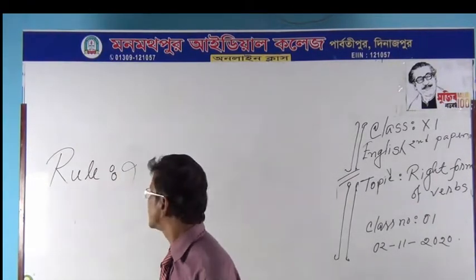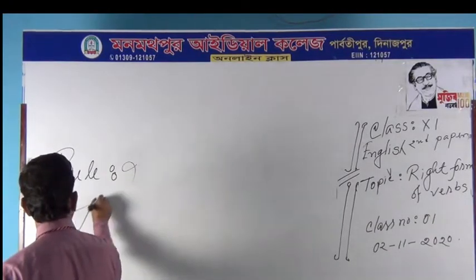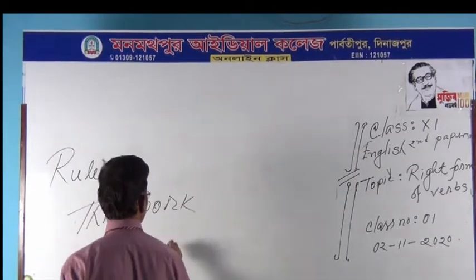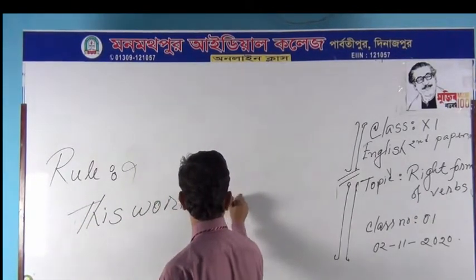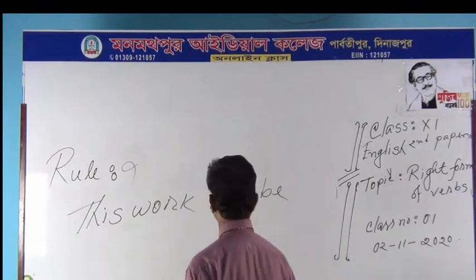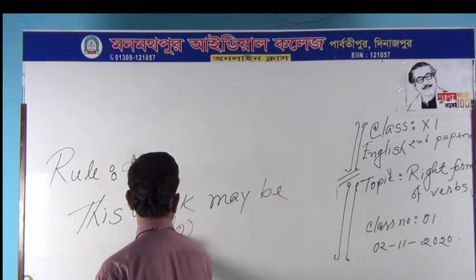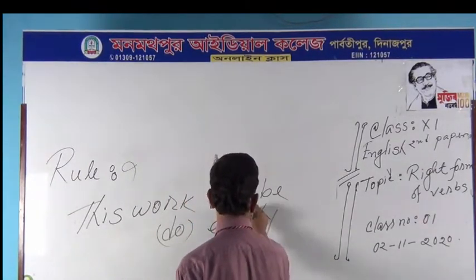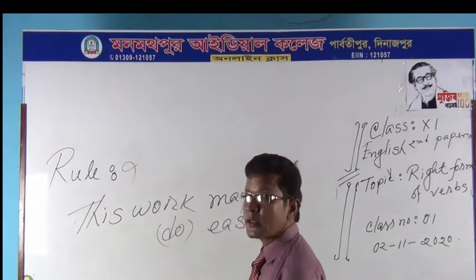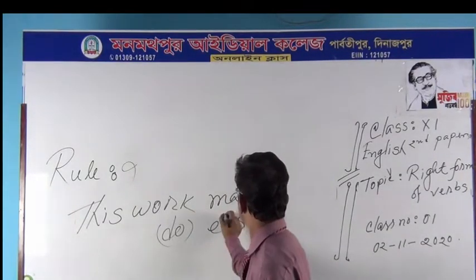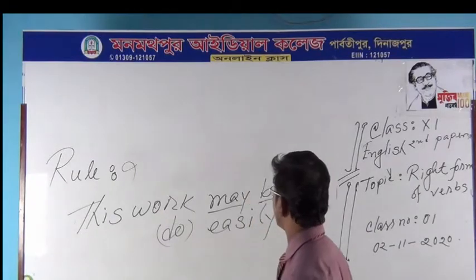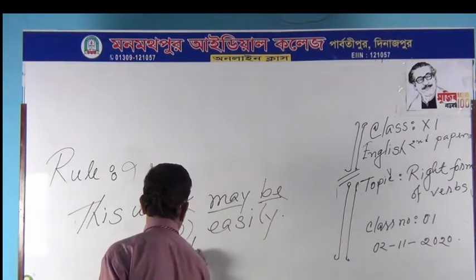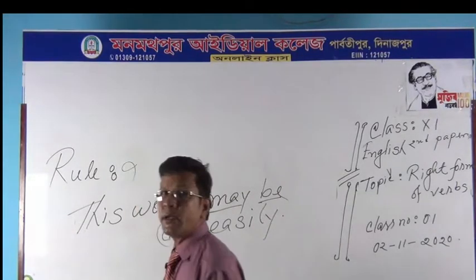For example, notice here, we find "be" just after the modal auxiliary "may", and for this you have to use the past participle of this principal verb, so the answer will be "done".